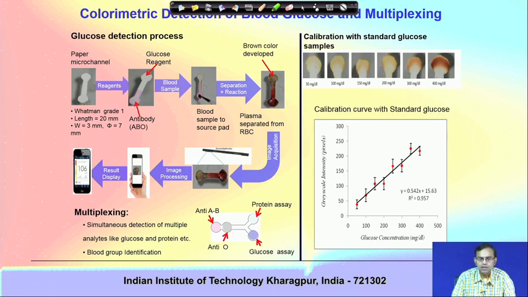Then the blood sample is taken to the source pad, all these steps are clearly given in the diagram. Then there is a separation and reaction and a brown color is developed. Now, this color has to be analyzed, so there is image processing and a result display.